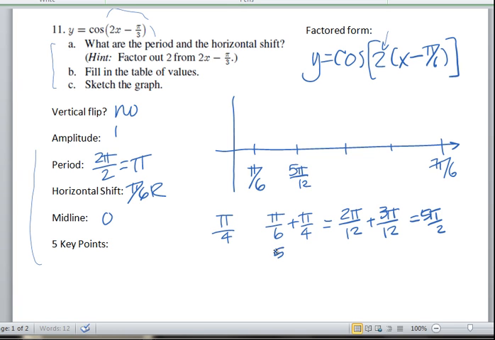Then I take that 5 pi over 12, and to that I add pi over 4, which is 3 pi over 12, for a total of 8 pi over 12. My ink is disappearing. And that simplifies to 2 pi over 3. So this is 2 pi over 3.